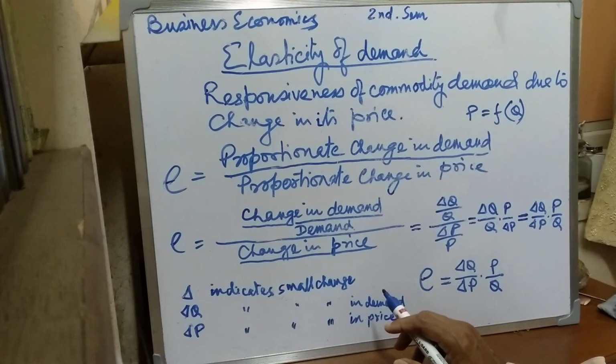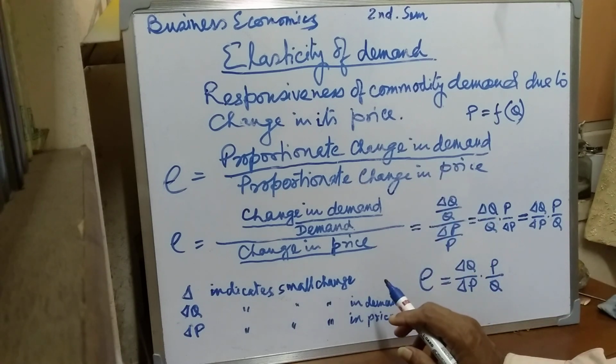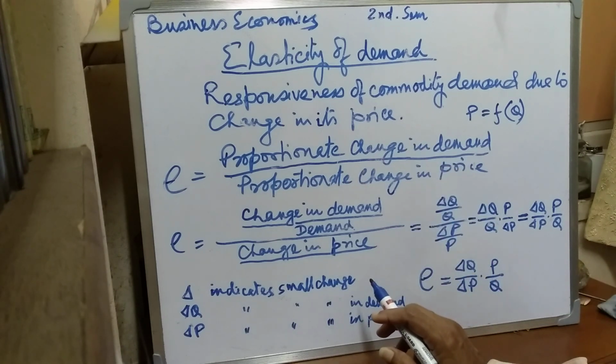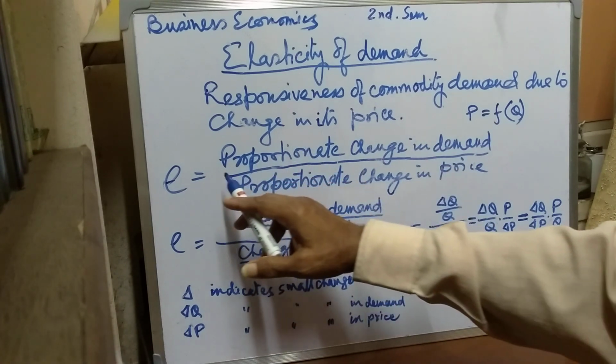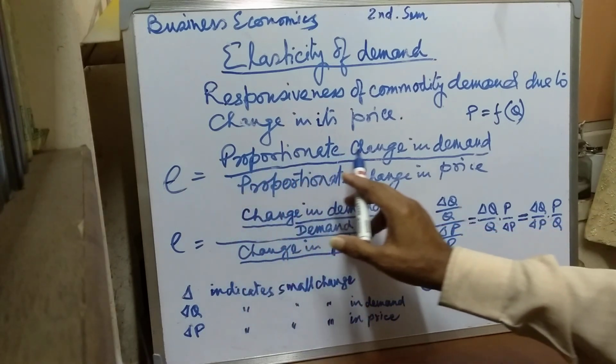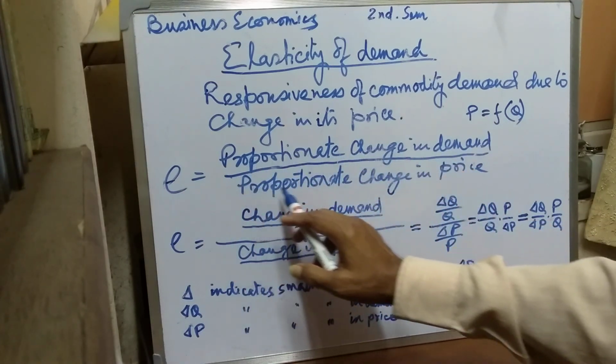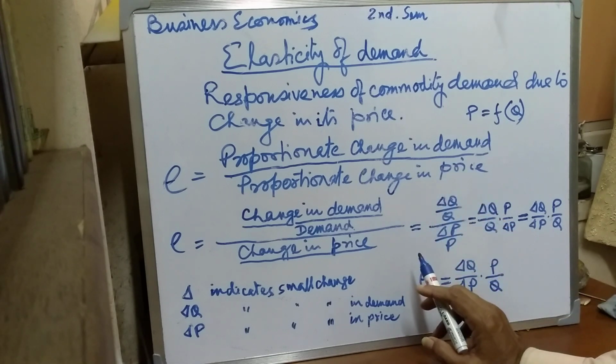Now there are other factors also which determine the demand for a commodity. We keep all those factors, such as income, choice and preference, price of other commodities, etc., constant, and in that case only change in price will affect the demand for the commodity. In formula, we can say it is proportionate change in demand by proportionate change in price.